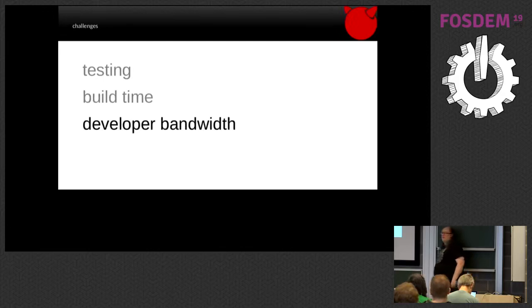The third challenge is developer bandwidth. We're a small team. Upstream moves fast. Sometimes life and work happens, and this means that sometimes updates have to wait a bit. This also goes again with testing.